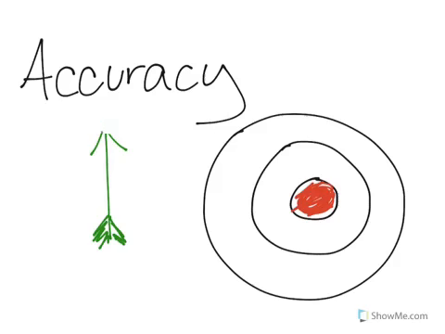In order for something to be accurate, that arrow or dart needs to be hitting the bullseye. If that's the goal, and we throw the dart or shoot the arrow and it hits the bullseye, then we were considered accurate. Now note this, you only need one measurement or one trial in order for something to be accurate, if you know what that standard is.